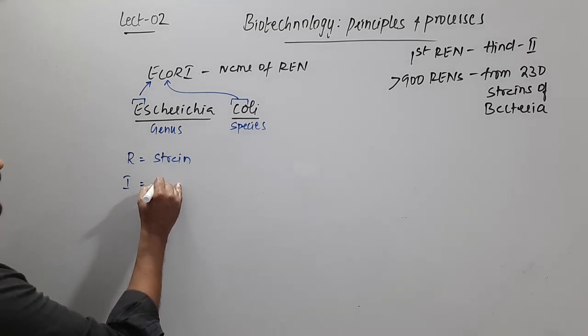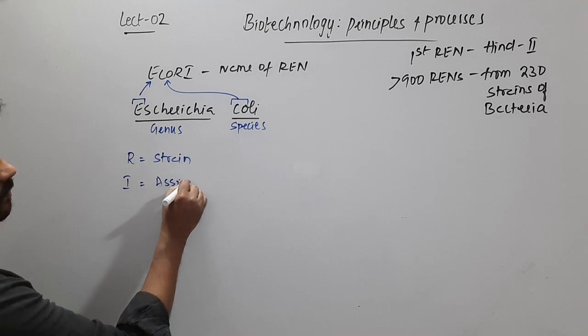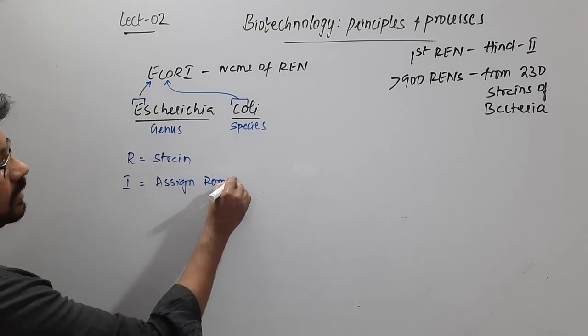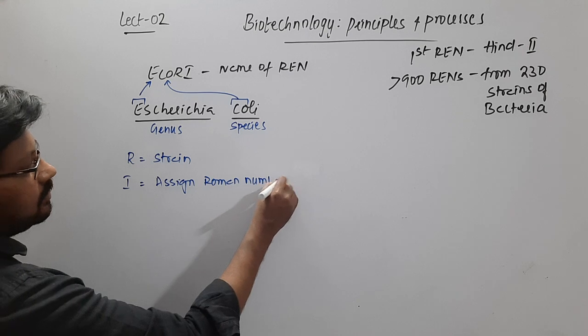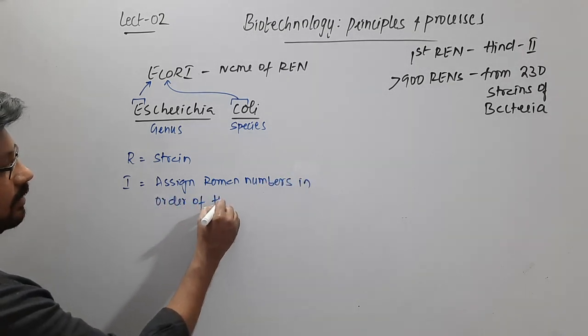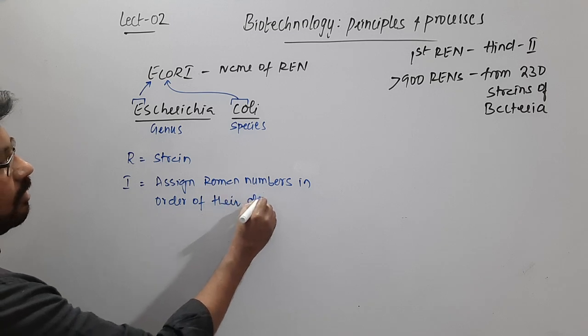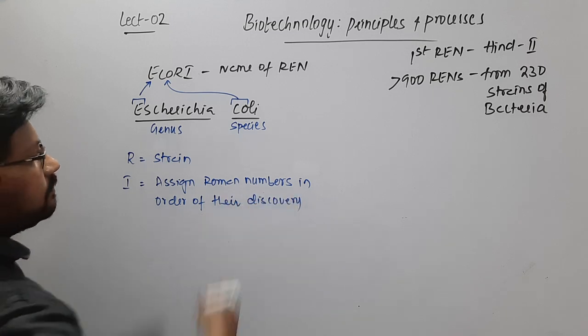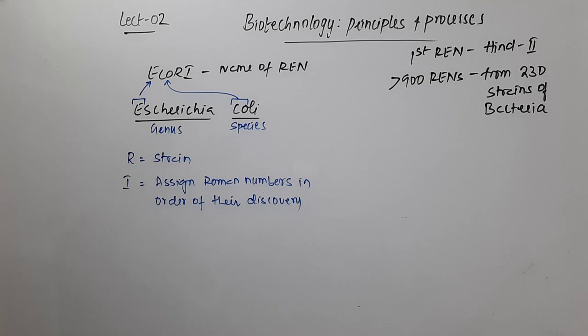So we assign Roman numbers in order of their discovery.